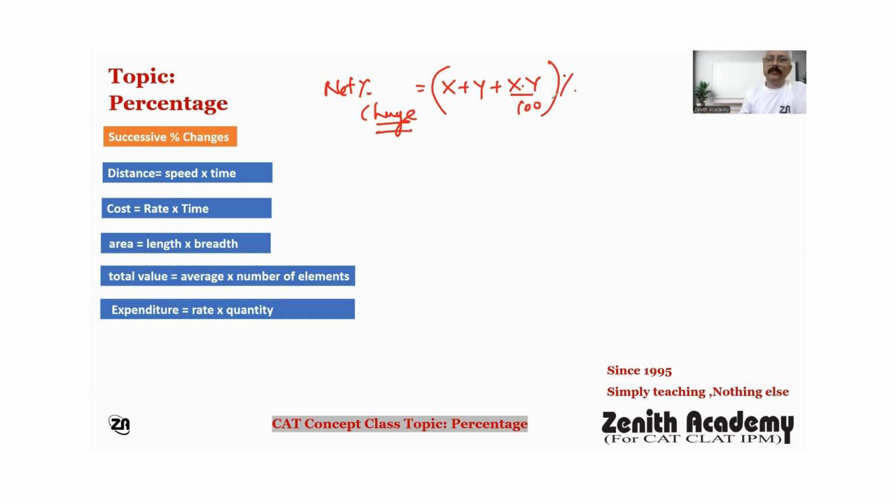It is helpful in all the relations where the relation is based on distance, speed into time, cost, rate into time, area, length into breadth, total value, average into number of elements, expenditure, rate into quantity. Okay, so it is a very important formula. We will understand it more with the help of the examples now. Learn it.